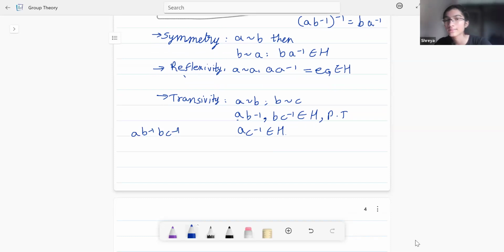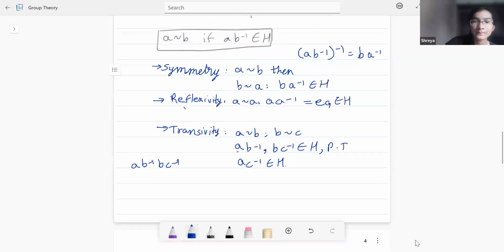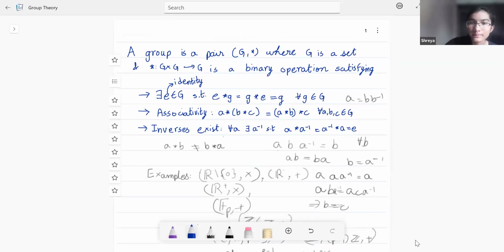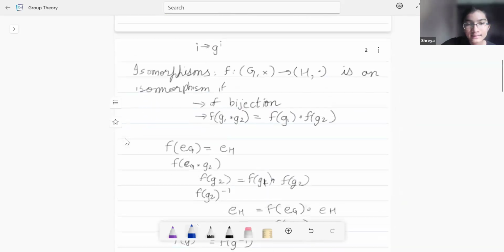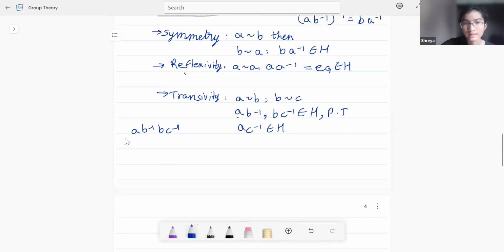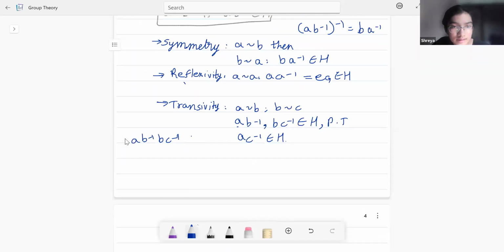And because H is itself a group, we know that this should also belong to H. That's a basic property of a group, because it's a binary operation on that set. If you multiply two elements, then it should remain in the group. So this thing belongs to H and it's just equal to this.